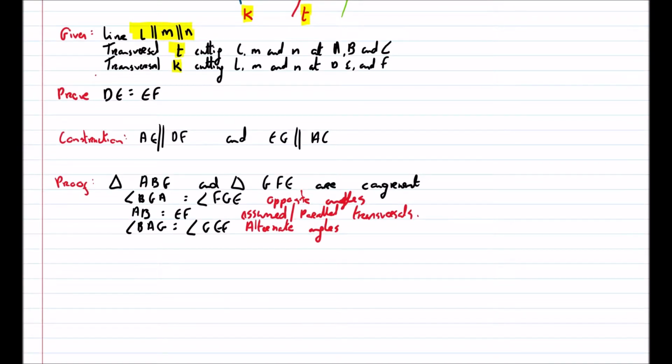Right, so now I have a side, an angle, and I also have another angle. So therefore I know that triangle ABF and triangle GFE are congruent.